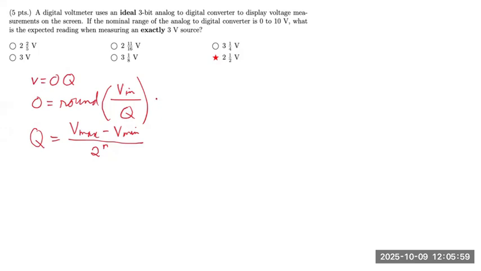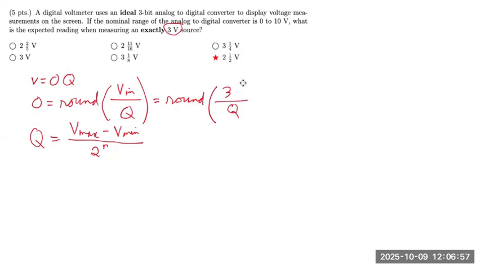So for O, it's equal to round Vn over Q. Vn is actually 3 volts, so we have 3 over Q. And then what is Q?